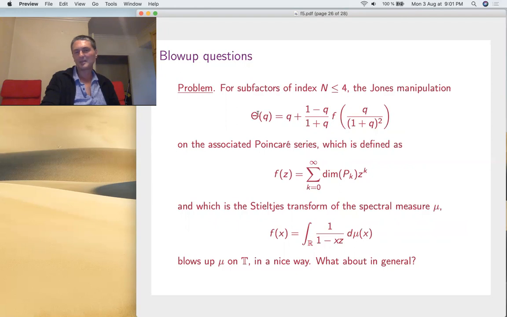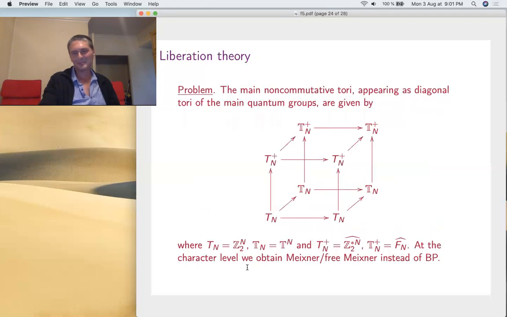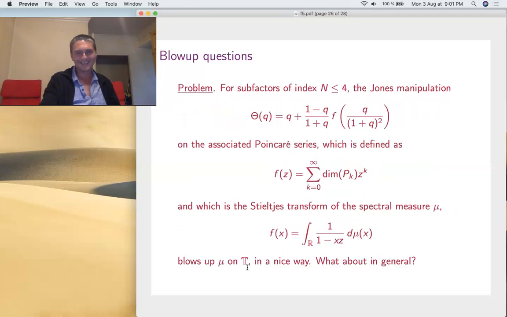I'm going to take the measure, take the Stieltjes transform, this theta if you want. And that lives on the unit circle. So this transformation blows up mu, which is supported by R, onto the unit circle, and the formula is extremely, extremely simple. It's less than 4. So the problem is what to do in general, and yeah, that's related to physics, all that. And Evans and Pugh work on that, and also me and Dietmar. And yeah, it's also related to this t, to everything.